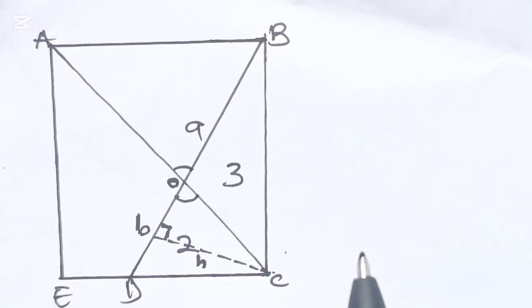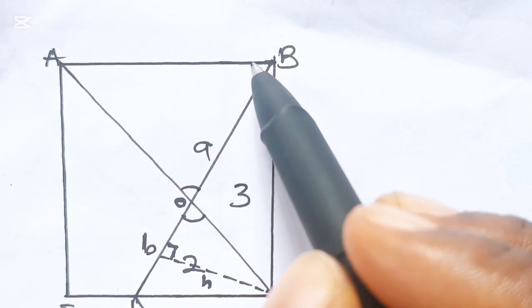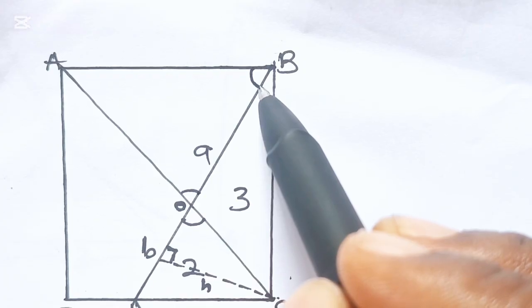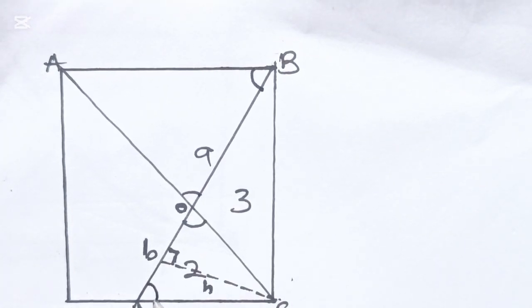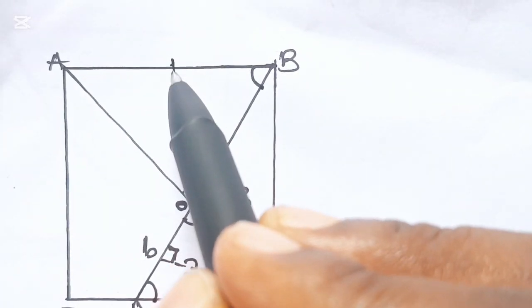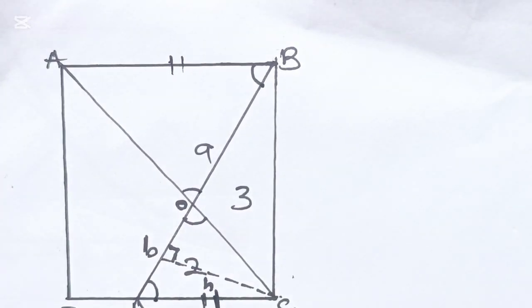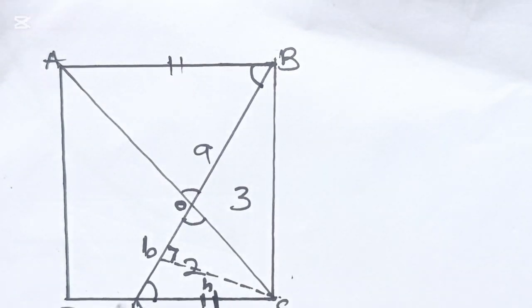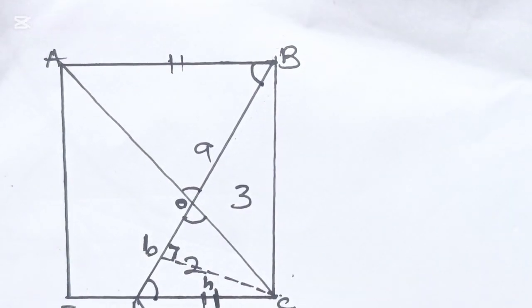Now, if you look at angle B here, it is equal to angle D here because line EC is parallel to AB, so line DB is a transversal.